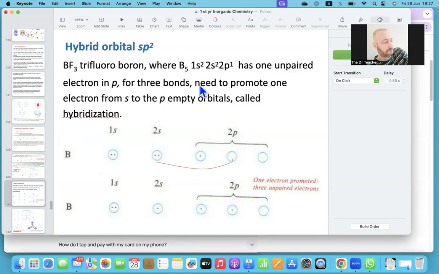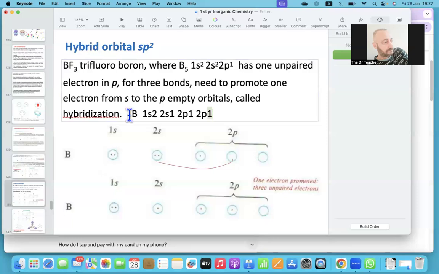So I can write it down here. Boron is 1s2, 2s2, 2p1, but it will now be 2s1, 2p1, 2p1. So I'm repeating them.